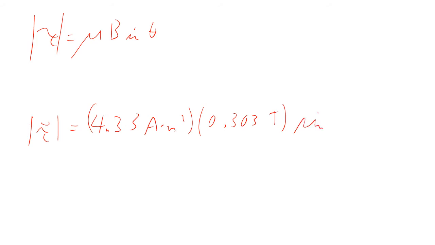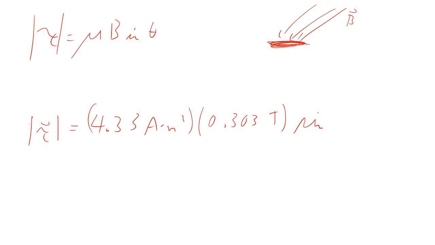So the magnitude of the torque is mu, 4.33 amp meter squared, times B, 0.303 Tesla, times sine of, now here's the thing, our coil is like this, our B is like that, okay?